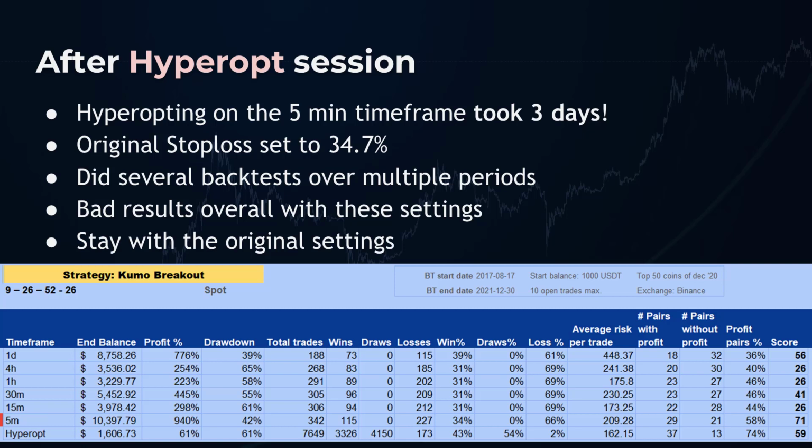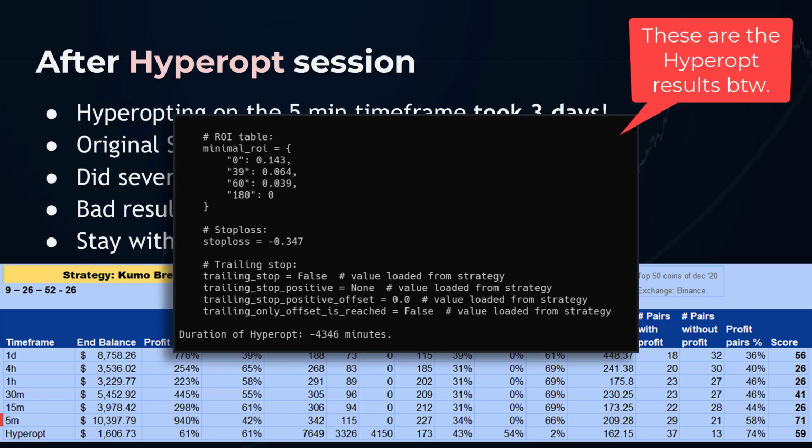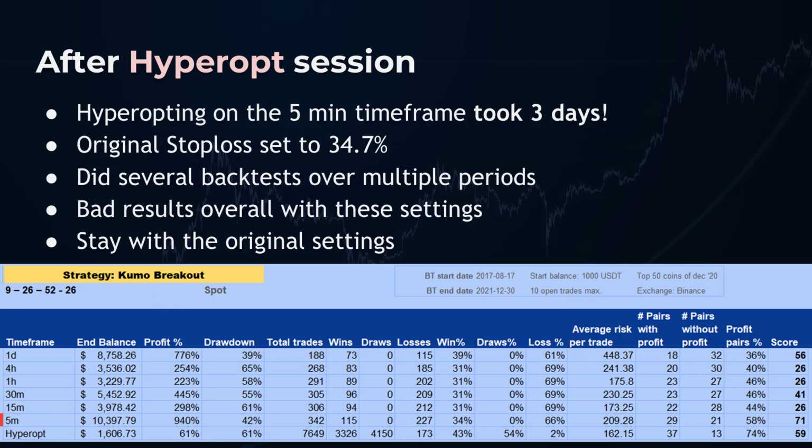So every trade you make which does not provide profits will cost you some money. Also, I tried to backtest over multiple periods to see if certain market conditions gave better performance, but none of that. The results you see here are the best the hyperoptimization settings can do. So I will stick to my original settings and will enter the results from the 5-minute time frame into the overall strategy league next.